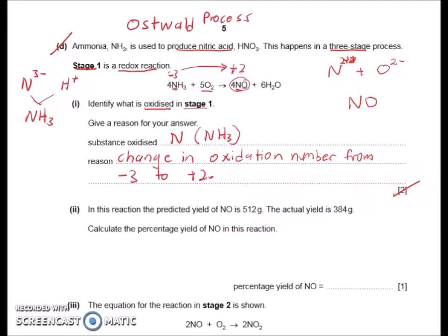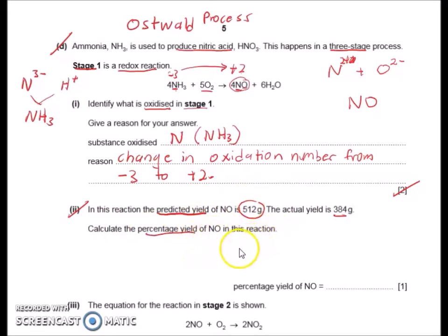Now let us look at the next question. In this reaction, the predicted yield is 512 gram. The actual yield is this. Calculate the percentage yield of nitrogen oxide in this reaction.